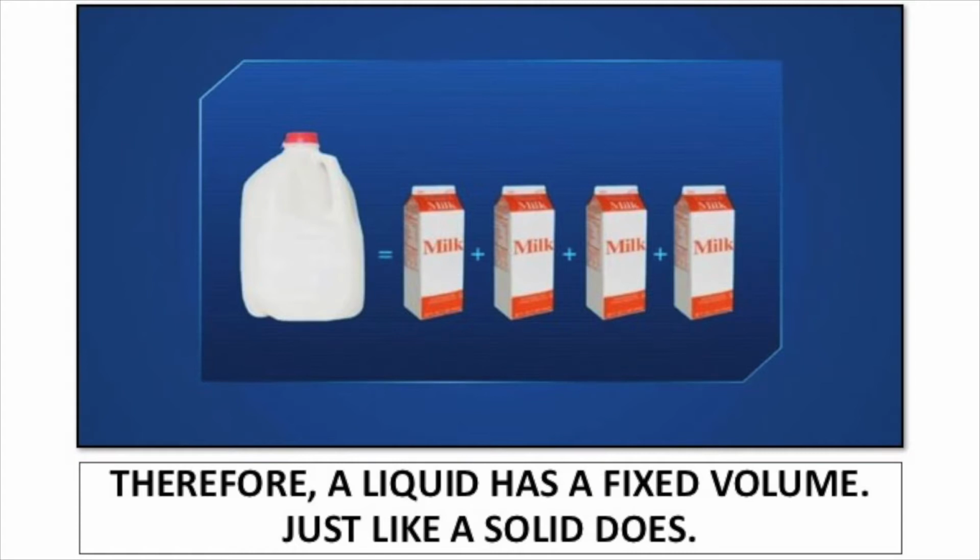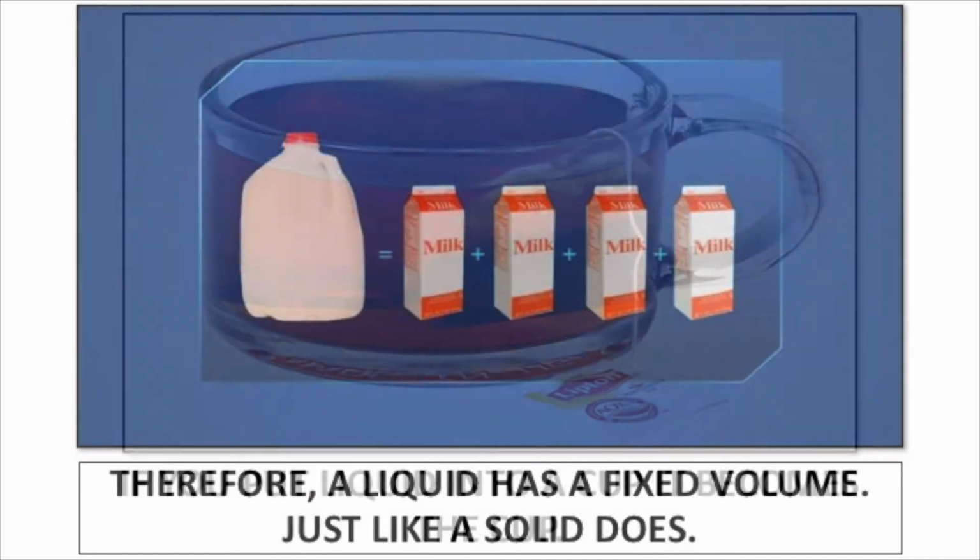This holds 4 litres. So if we want to pour this milk into 1 litre containers, how many do we need? 4. Because this is 4 litres, it fits in once, but we need 4 of the 1 litre containers to fit this one. And that's what we mean by a fixed volume.